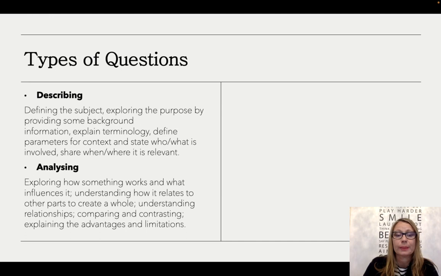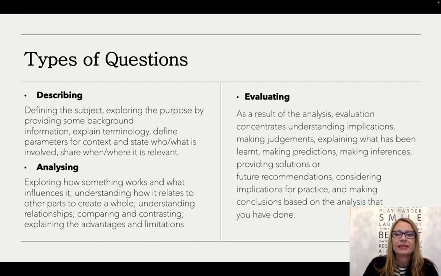Once you have done your analysis, you move on to evaluation. This is a higher order thinking skill where you start to make judgments. You start to understand the implications of something that you're exploring, explaining perhaps what's been learned overall through making your conclusions.